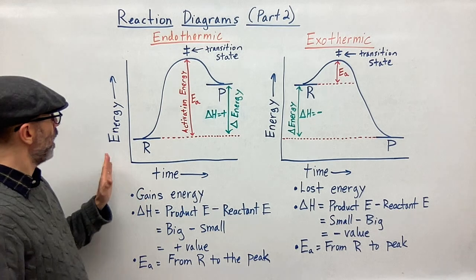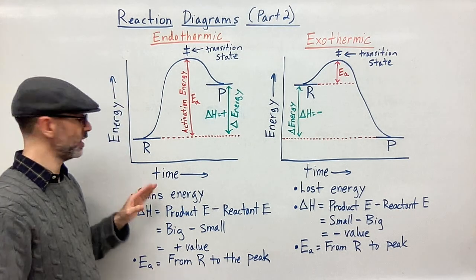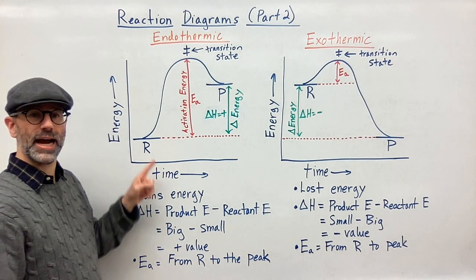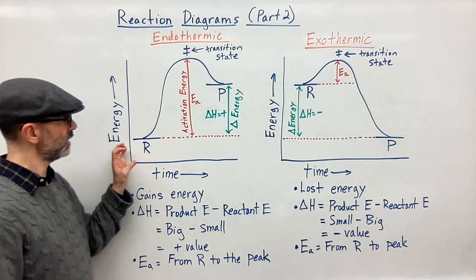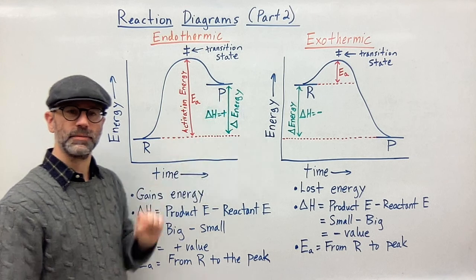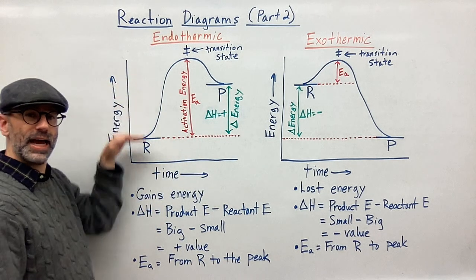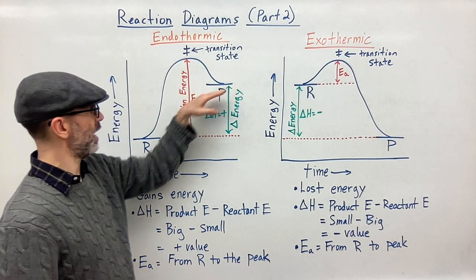Here the reaction diagram shows the y-axis as energy and the x-axis as time. As time goes, the reaction starts with reactants and we're producing product. Here we can see that the energy of the reactants is lower than that of the product.